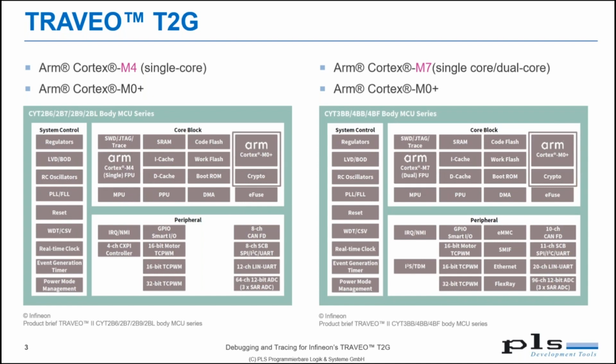The hardware functions for debugging and also for tracing are based also on Arm IP. We have here the Arm CoreSight debug and trace technology in place. That means that the debugger can be connected either JTAG or SWD to the device using standardized connectors. These connectors are defined by Arm and present on all the evaluation boards.